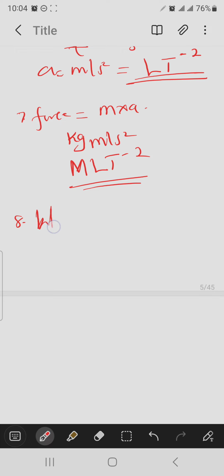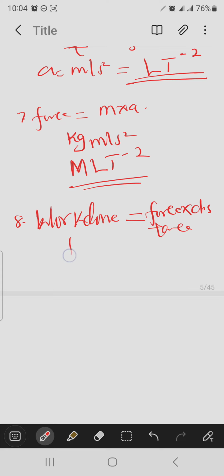Another one, 8. We have work done. The work done is going to be force times distance. So F D. For the force, we have MA multiplied by distance D. So unit for mass is going to be kilogram. Acceleration is going to be meter per second square multiplied by D, meter.